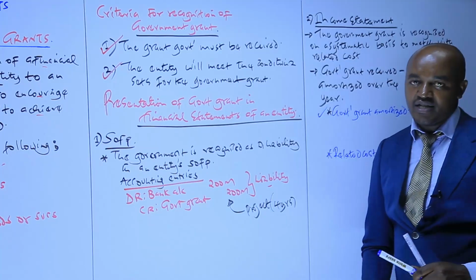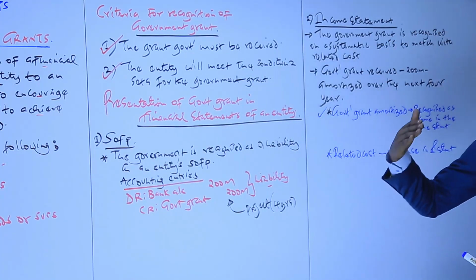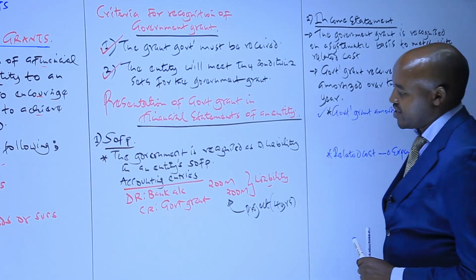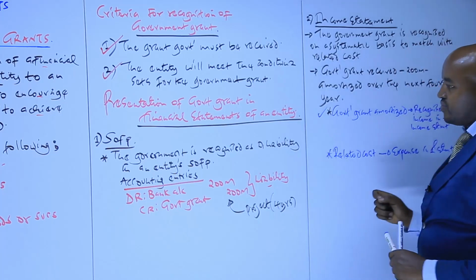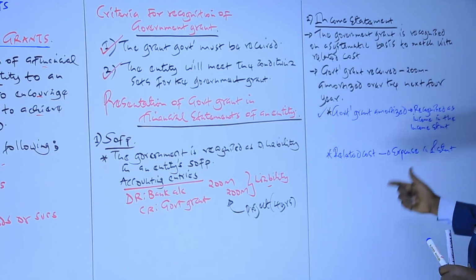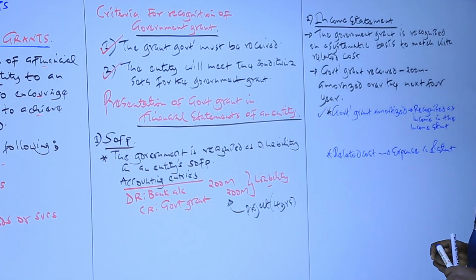Once a government grant is received, debit bank, credit an account called government grant, meaning that in the statement of financial position, that government grant will be recognized as a liability. And then it is recognized on a systematic basis in the income statement to match the related cost to be incurred by the company in undertaking that project.